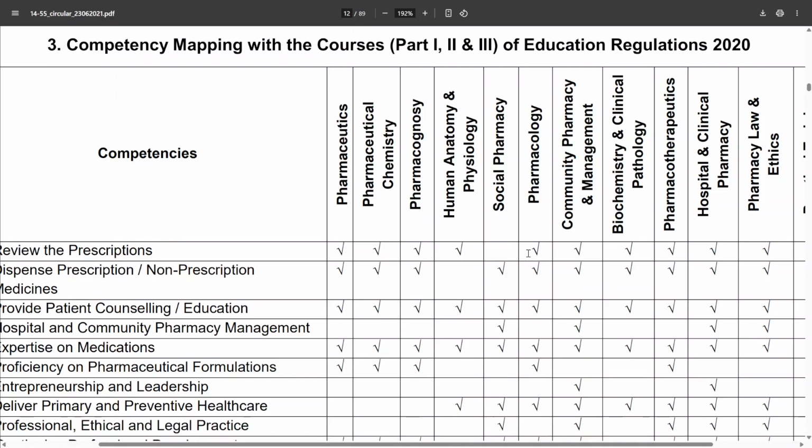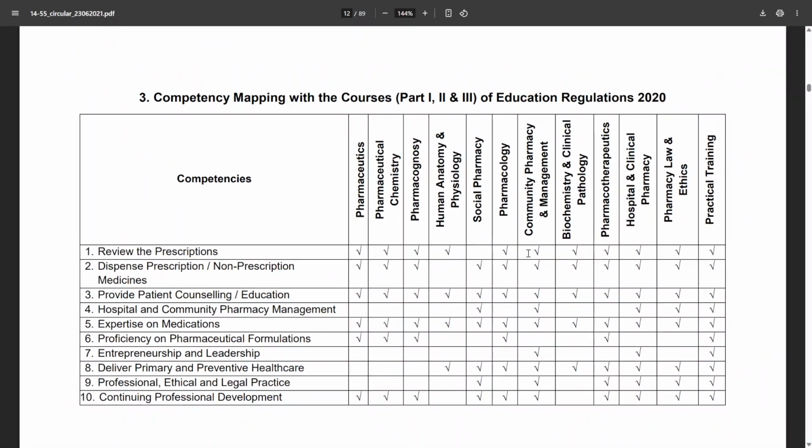Now let's take a look at these competencies and this mapping of the competencies. On the left hand side, points 1 to 10 are the competencies which you are going to learn in the following subjects provided on the top right.